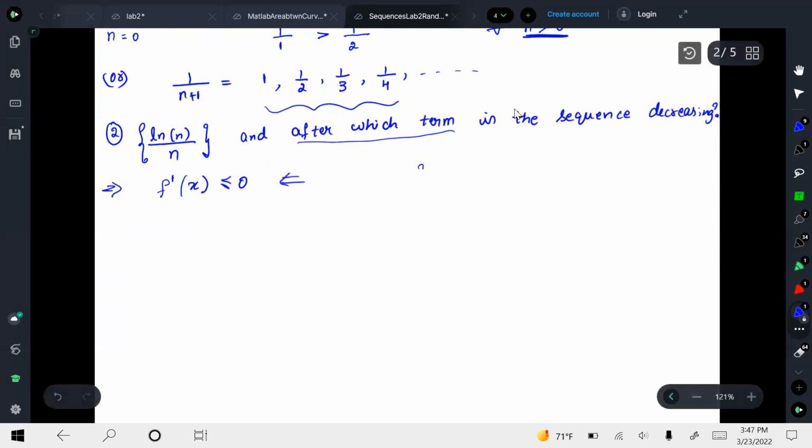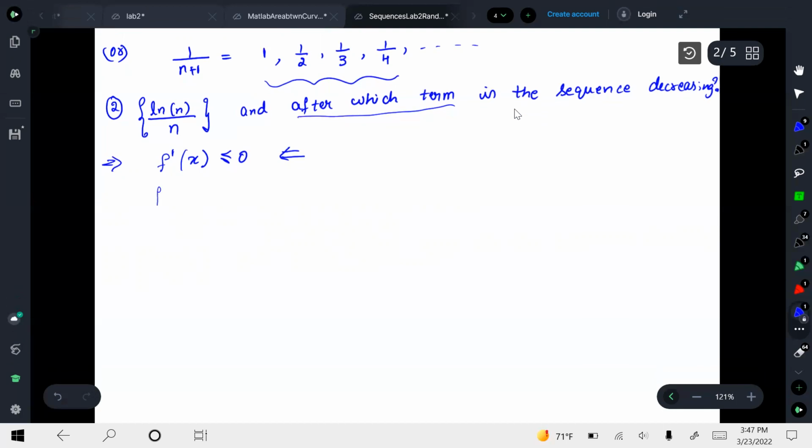Here x is nothing but n. I'm just writing it as x because whenever we write a function, it will be in terms of x. So x equal to n here. Do not get confused, n and x are not different, both are the same.